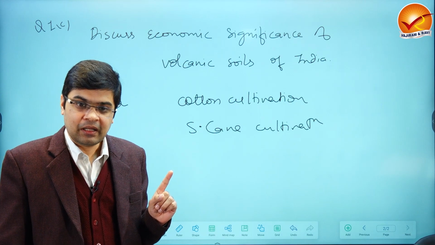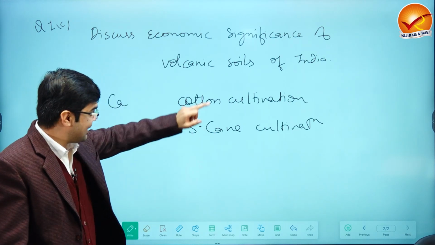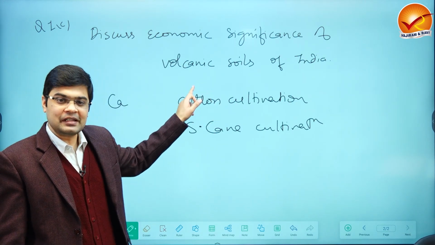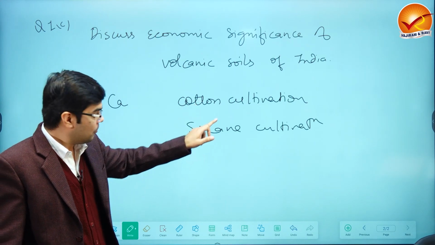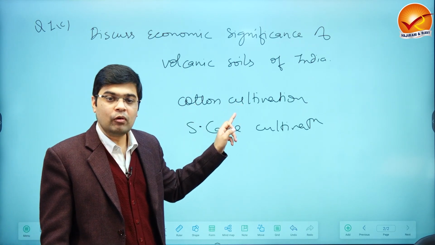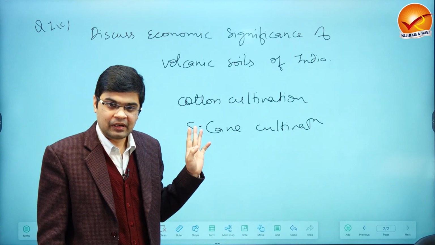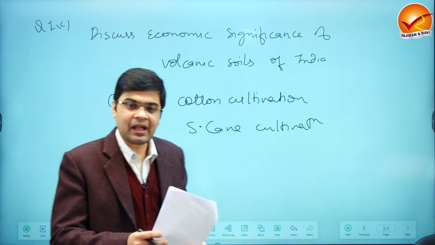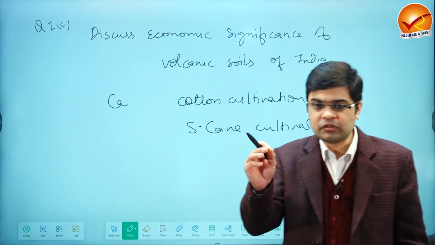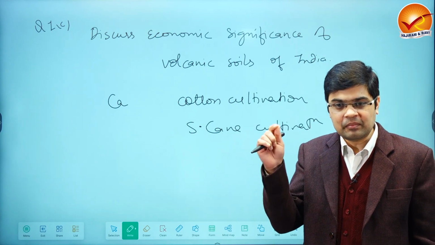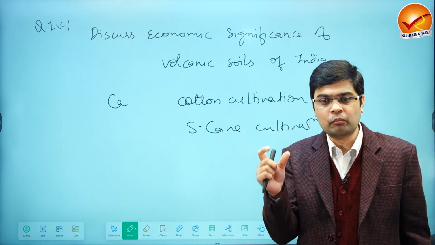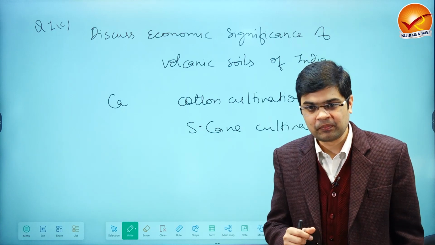Okay? Then if I look at this area, this is the region wherein black soils have a high amount of clay content. And because they have a high amount of clay content, almost 60-62% clay, that means it has good moisture holding capacity.